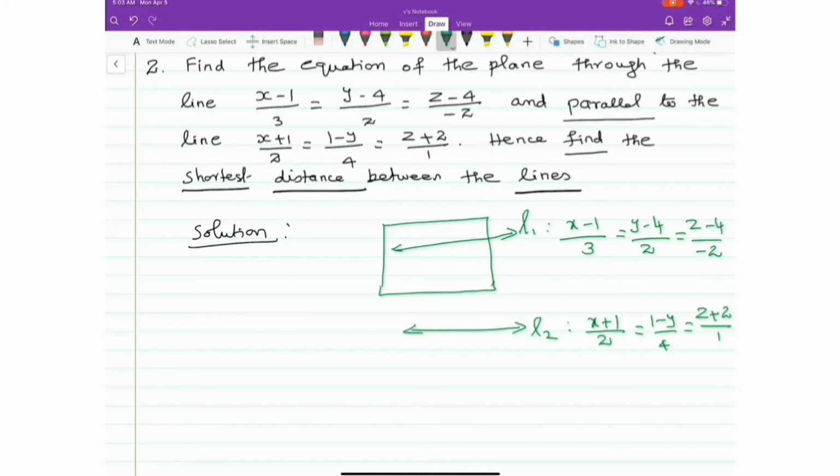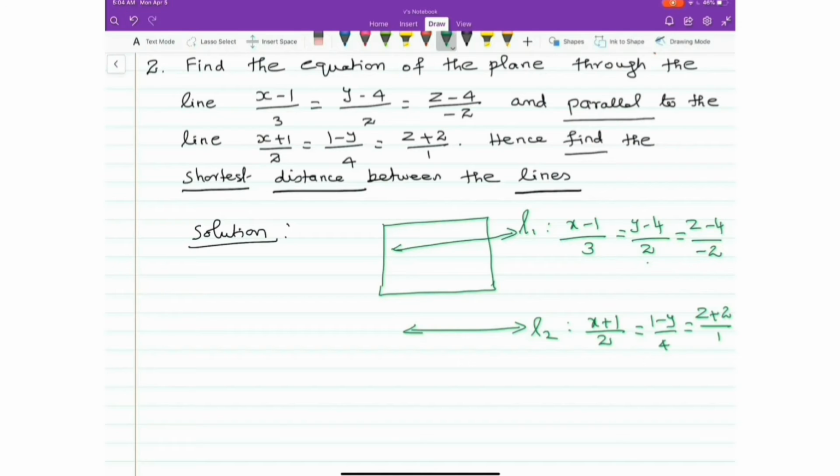And also, the normal vector to the plane, that is n vector, will be perpendicular to both b1 vector, which is nothing but 3i cap plus 2j cap minus 2k cap, and b2 vector. Actually, see this particular line L2 is not in standard form, whereas line L1 is in standard form. So we have to convert this into standard form. For x and z already the coefficients are 1, 1.